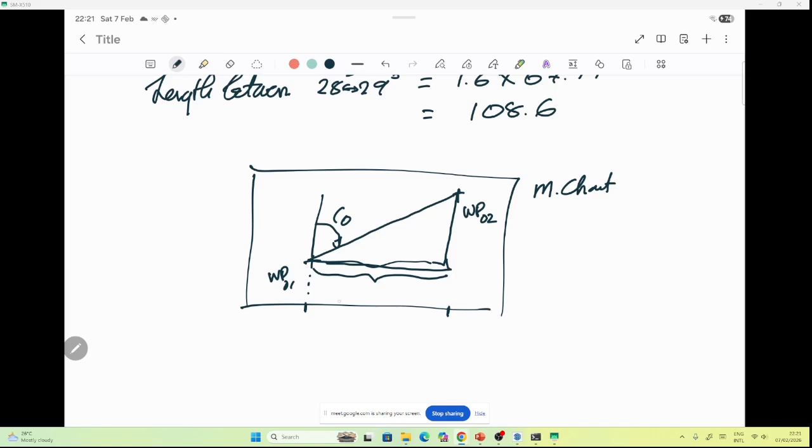Let's say D long is like 3 degrees between here and here. So the actual distance of this 3 degrees, we'll convert into minutes, and 1.6 millimeters. Isn't it? Previous chart. Are we clear?